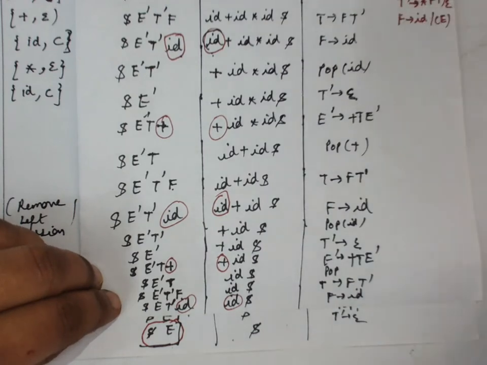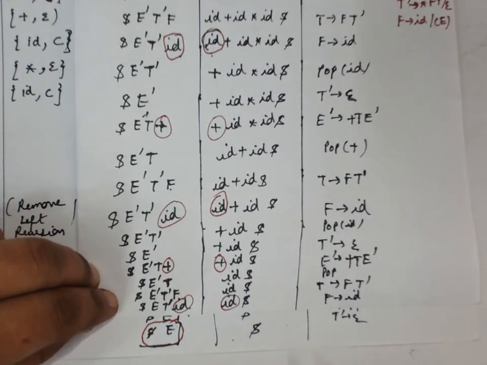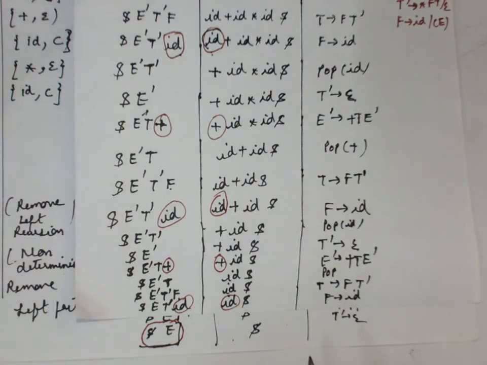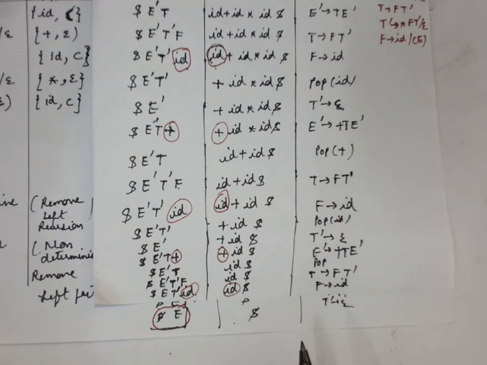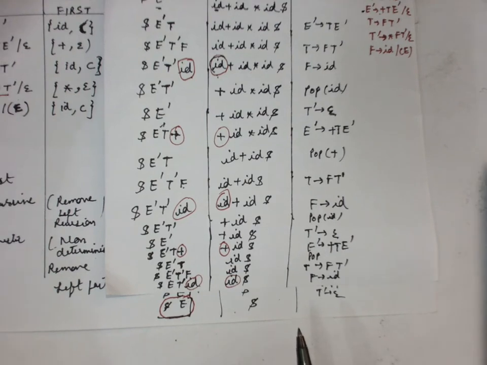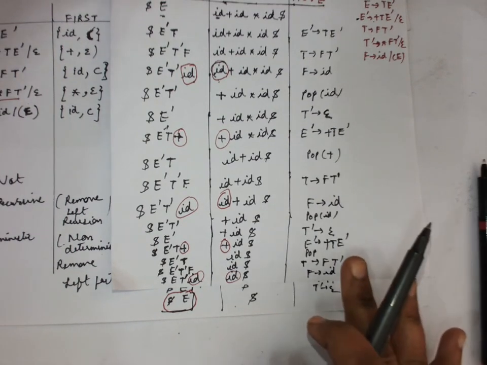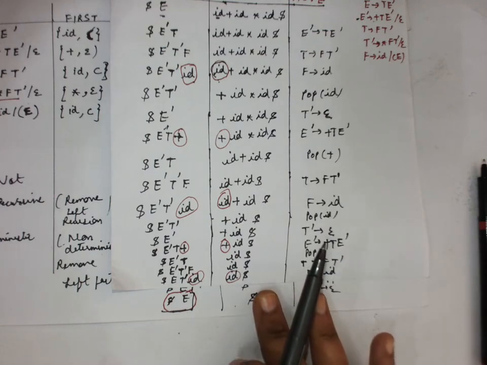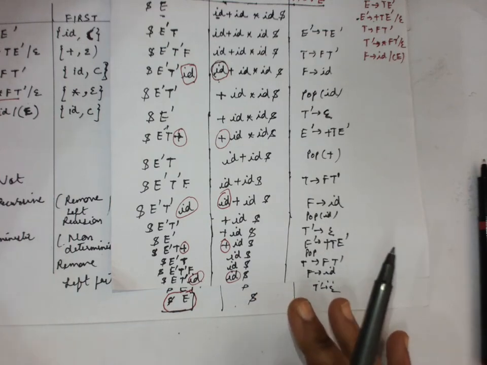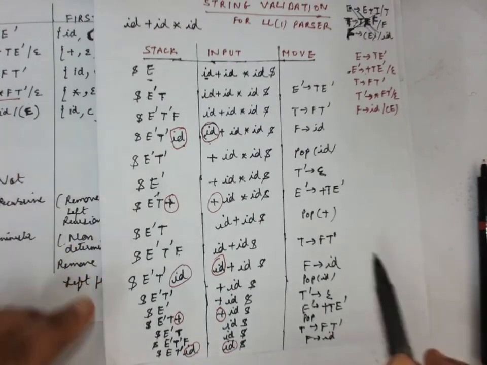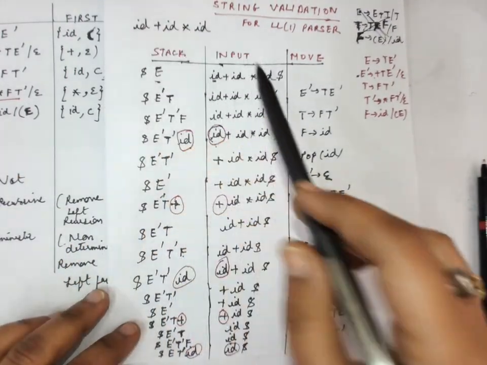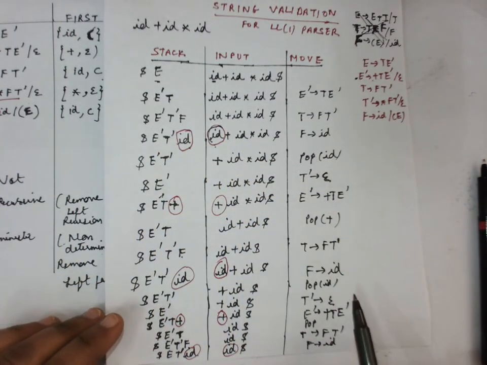Using all these production rules, that means this particular string belongs to the grammar. Using this we are able to parse this, and we could find this particular string id plus id into id is generated by this grammar.